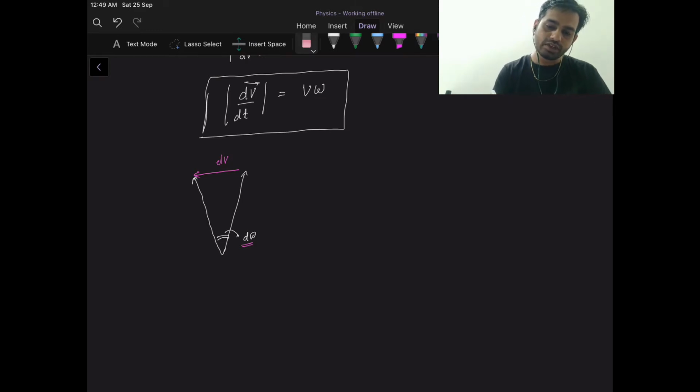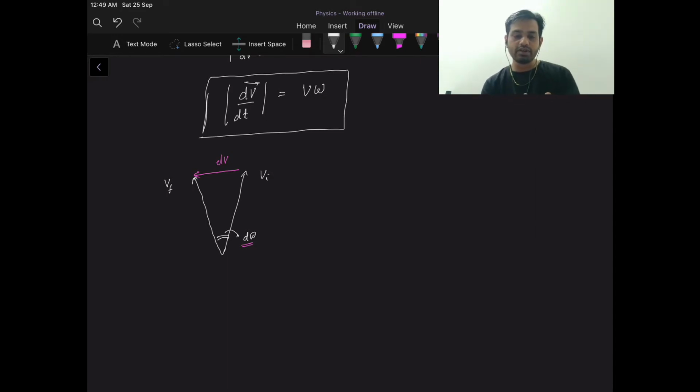Now since d theta is very small, this was the initial velocity vector and this is the final velocity vector. Since d theta is very small, we can say that these two lines, this line and this line, will be approximately parallel. So the final velocity vector and initial velocity vector are almost parallel to each other.